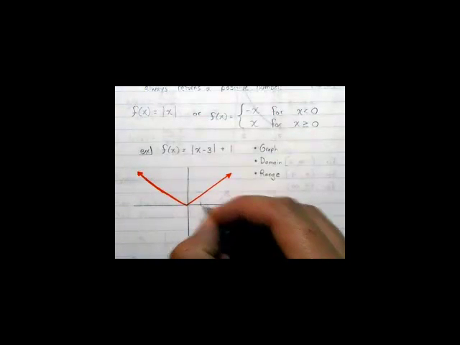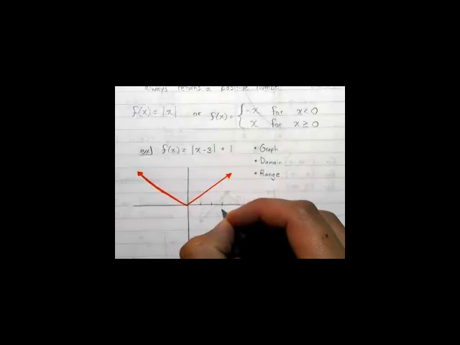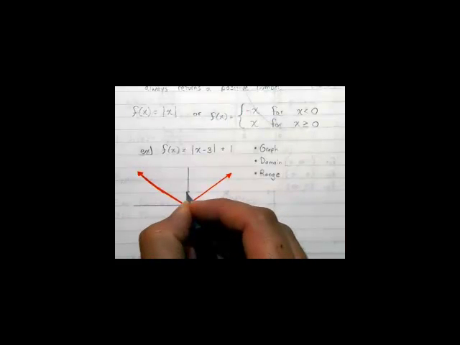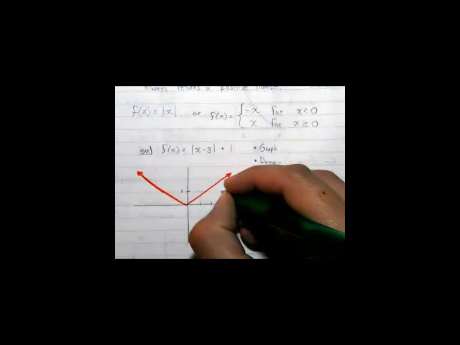So that means I'm just going to take this thing and translate it. Now, kind of like a parabola has a vertex, absolute value has a vertex. A normal absolute value, or the parent function, has a vertex at 0, 0. The new vertex now is going to be at 3, 1.